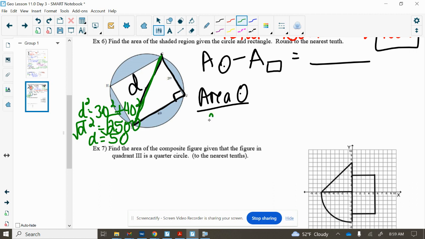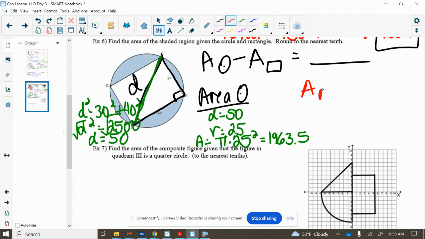Well, if our diameter is 50, we know the radius is half of that, 25. And then the area will be pi times the radius value squared. So pi times 25 squared is 1,963.5.